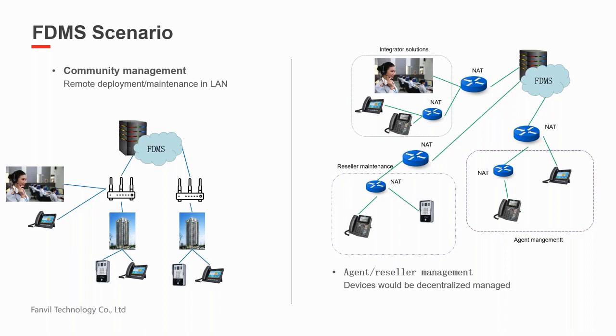Then we can use the FDMS internet to deploy and manage them remotely. We define the community or area as a special group, add different kinds of devices by MAC address, and get the status and set and get some setting parameters. It is very convenient for remote management.